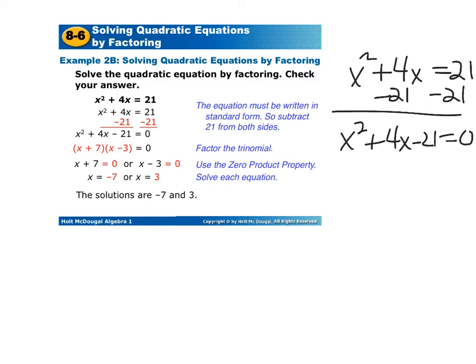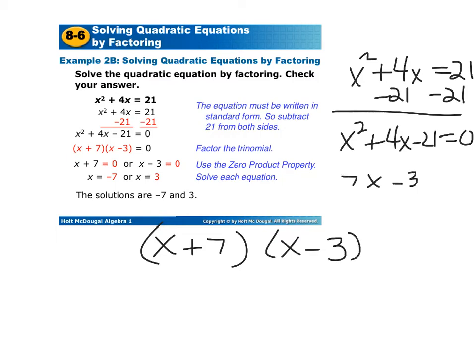I'm looking for two numbers that multiply to give me negative 21, but add to give me positive 4. And those are going to be plus 7 and minus 3. Because 7 times negative 3 gives me negative 21, but 7 plus negative 3 gives me 4.